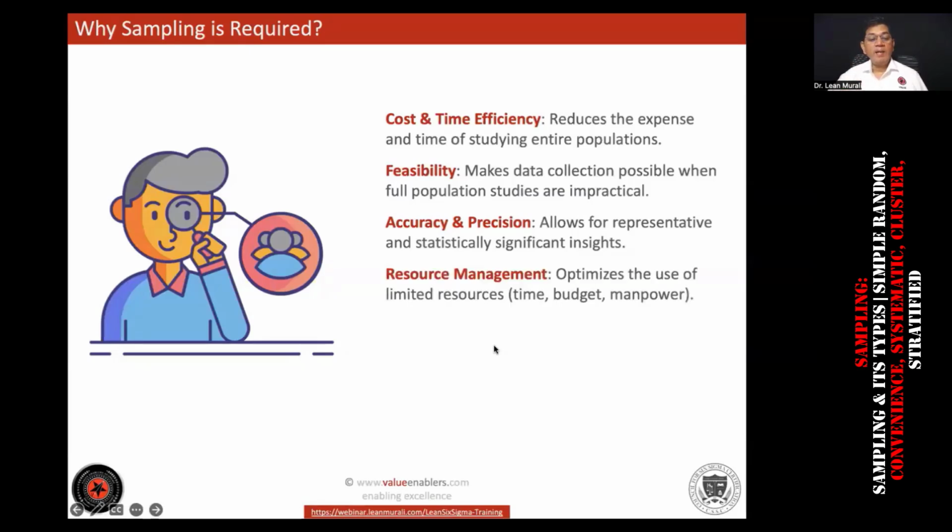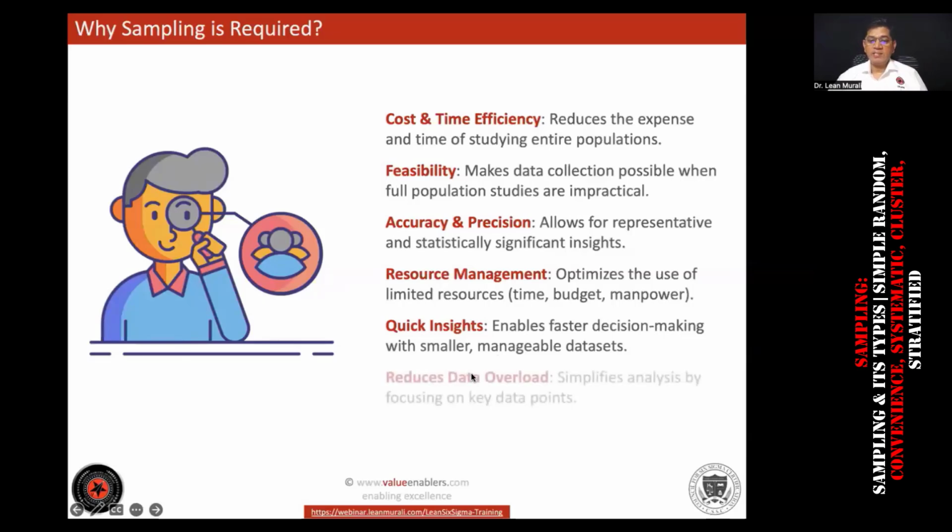It might cost a lot of money and call for a lot of resources, time, budget, and manpower. If you take a sample, you can get quick insights into what you want to analyze, and it reduces data overload.